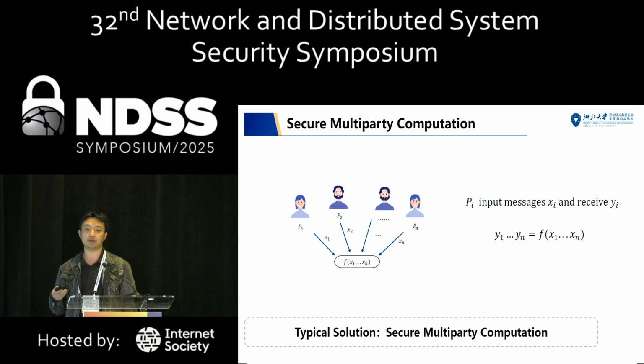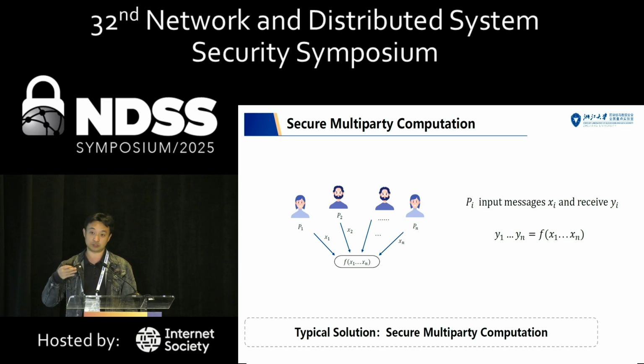In our case, we want the function to be private. Exactly, the model parameters need to be private, but the function structure, the model structure, is still public. So we treat the model parameter as a parameter, not as data, as an input.